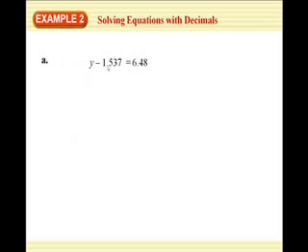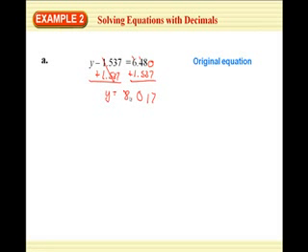I get rid of the minus 1.537 by adding 1.537 to this side. These cancel out. Y equals 7, 1 carry the 1, 0 carry the 1, 6, 7, 8.017. That would be my answer.